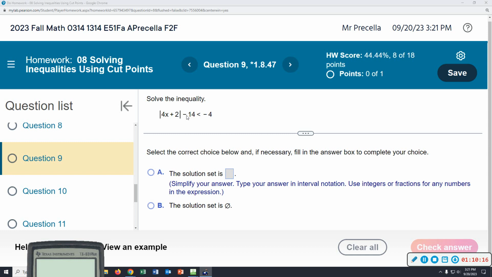Just tell me in general, what's the first step you do? You have to make it equal. That's why we practiced solving those equations on Monday, because you're going to have to solve the equation when you're solving the absolute value inequality.